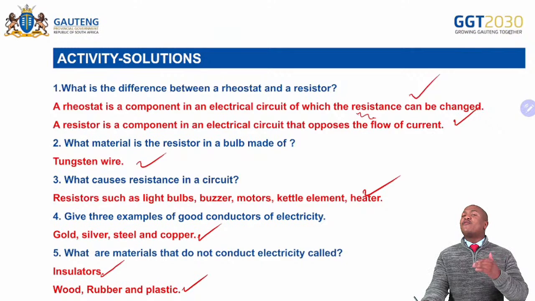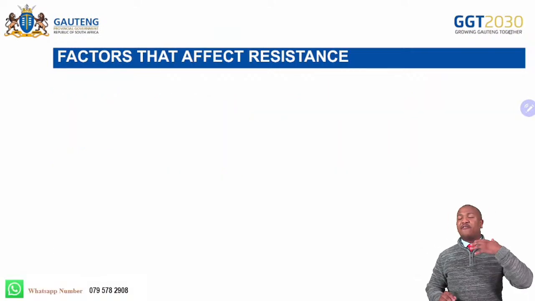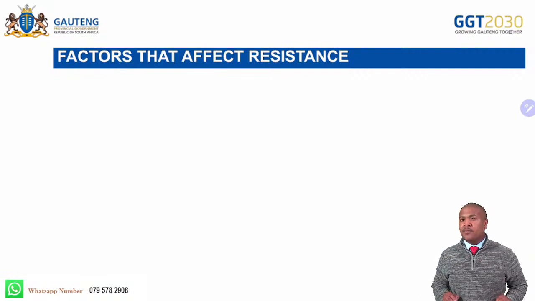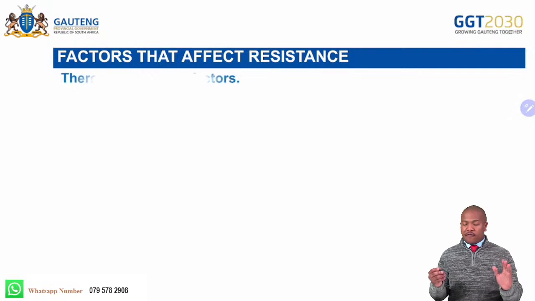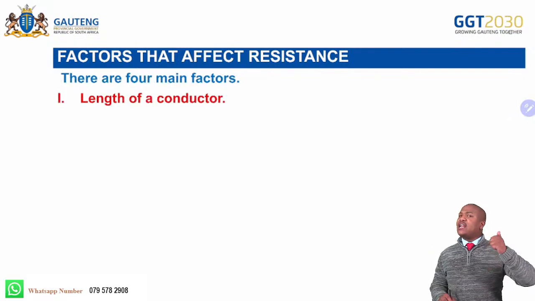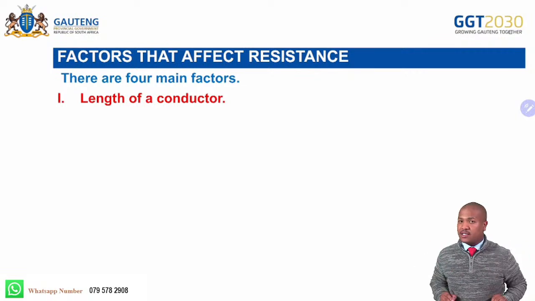So now let's move on with our lesson, right? Let's talk now about the factors that affect resistance. We have four main factors that affect resistance. Number one is length of a conductor, how long or short a conductor is, right?